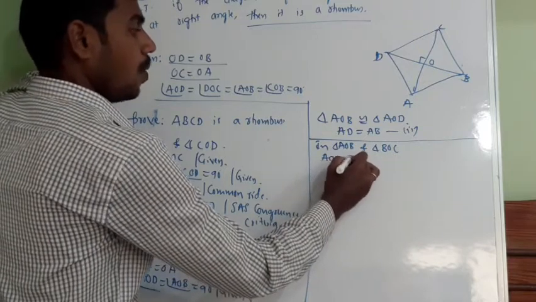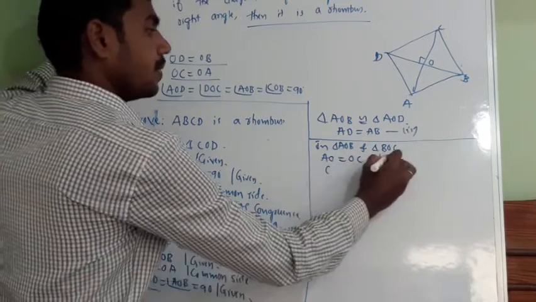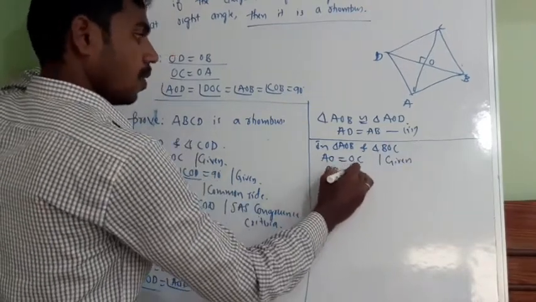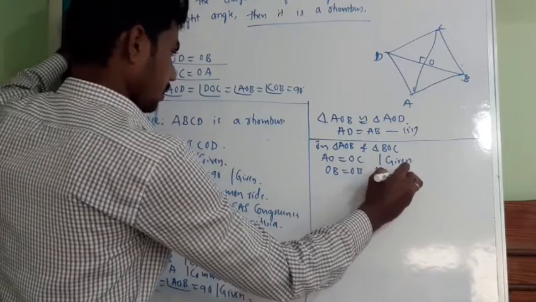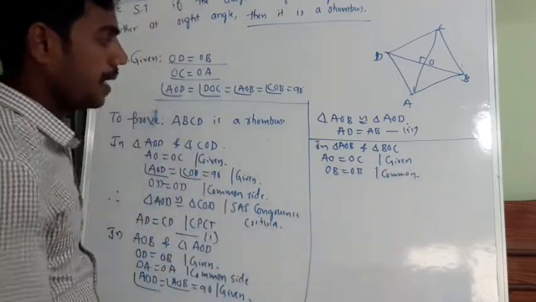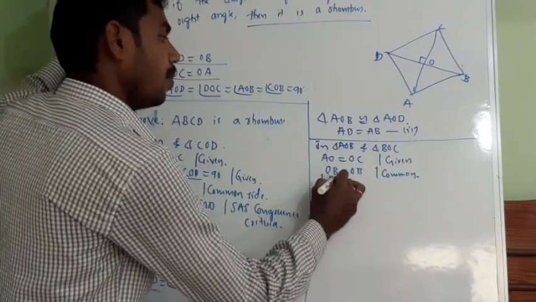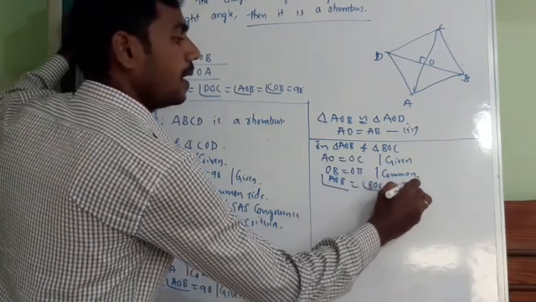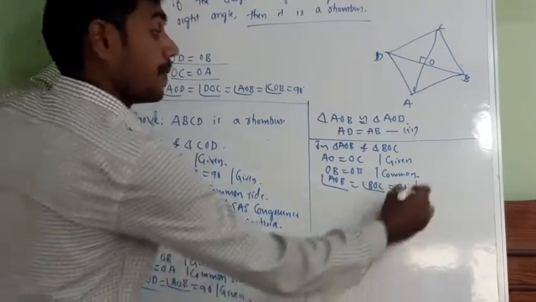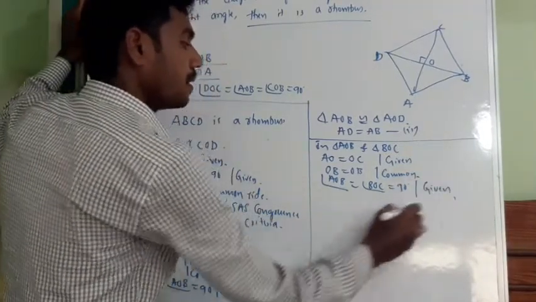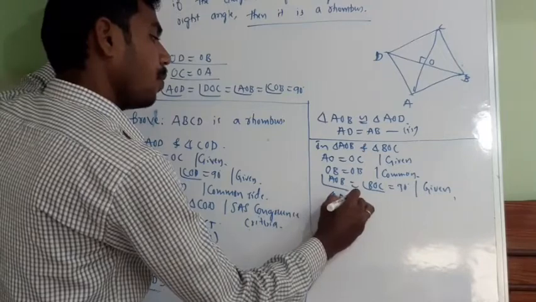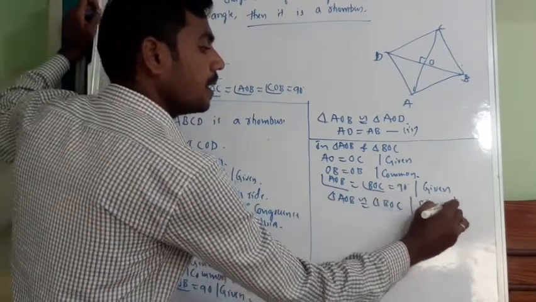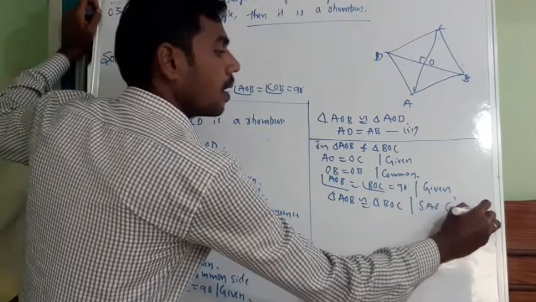AO is equal to OC, this is given, and OB is equal to OB, this is a common side, and angle AOB is equal to angle BOC is equal to 90 degrees. This is given. Next I can conclude triangle AOB is congruent to triangle BOC. This is because of the SAS congruence criteria.